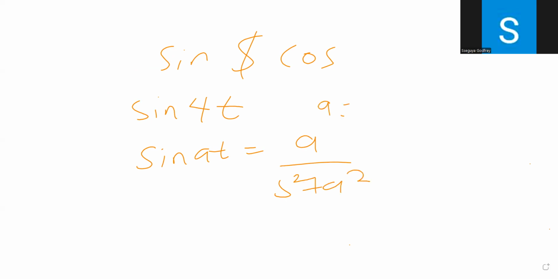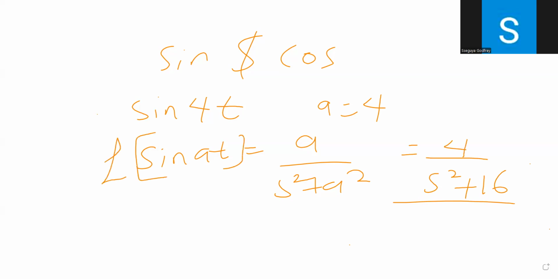Here our a is equal to 4, meaning that this would be 4 all over s squared plus 16. This is our Laplace transform of sine at. And this is the Laplace transform of sine 4t. Instead of a, we have replaced with 4.